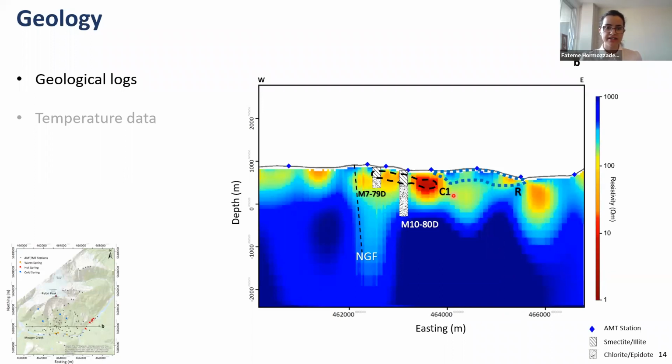So again, here it shows the more resistive layer in the parts near the surface, which shows less alteration minerals because of lower temperature in this zone. Again, we have R1 and R2 resistive features that can be seen here. They can act as the basement rock, which we showed here.